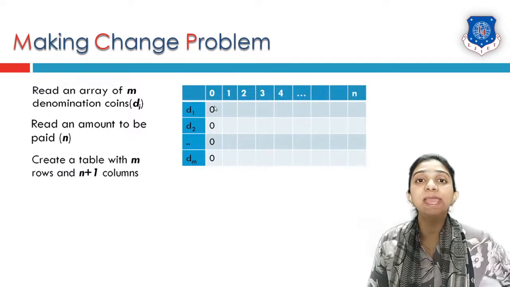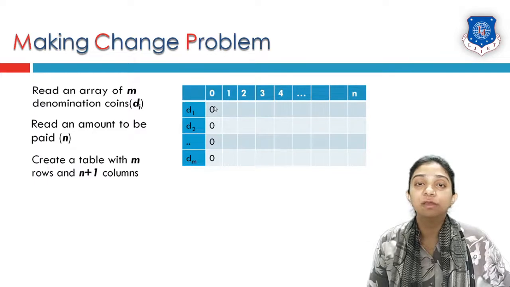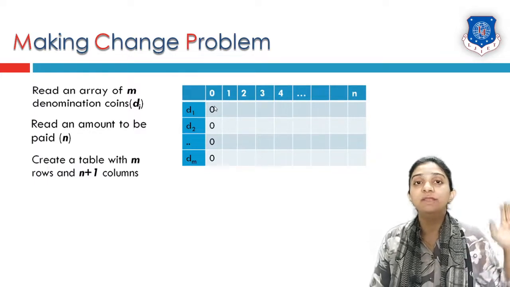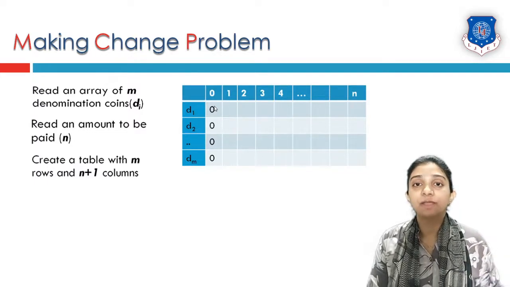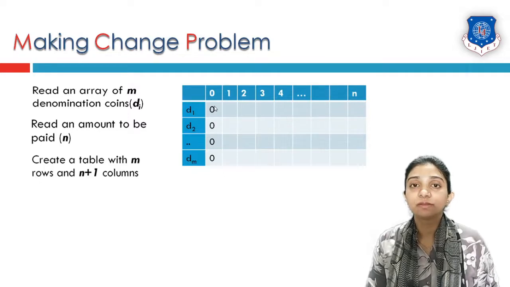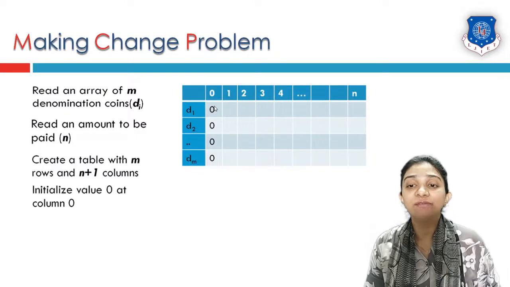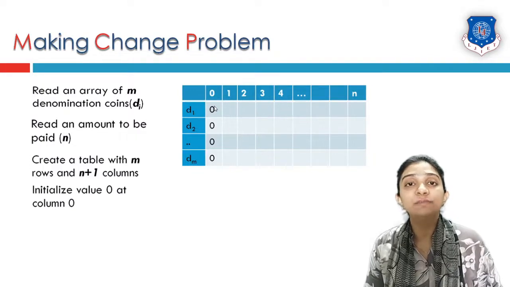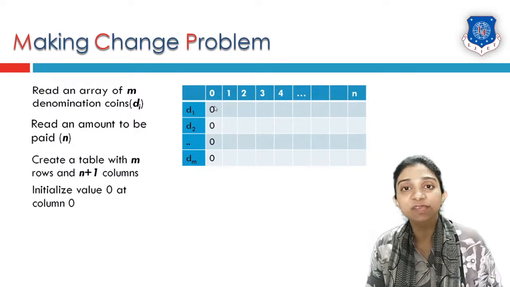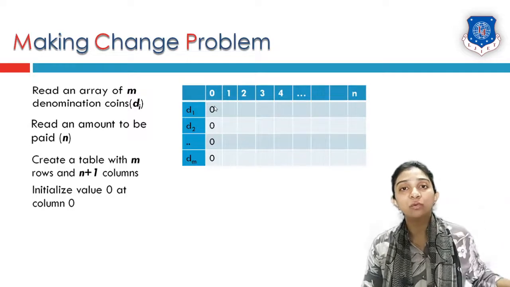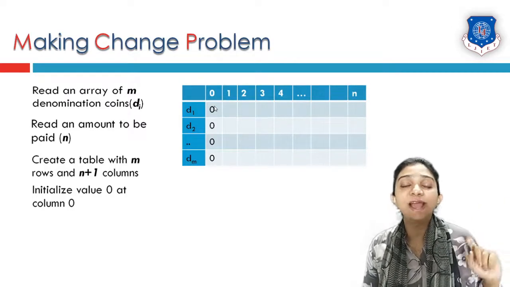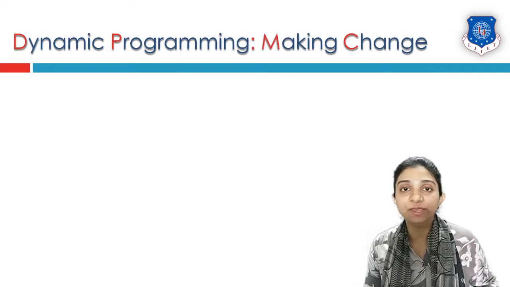That's why there will be n plus 1 columns. The structure of the table will look like this. In this structure, we have to initialize column 0 to 0, so for all rows in column 0, we substitute value 0.